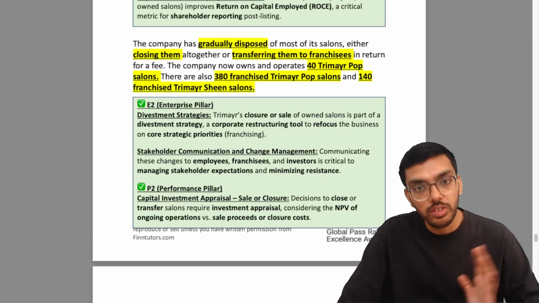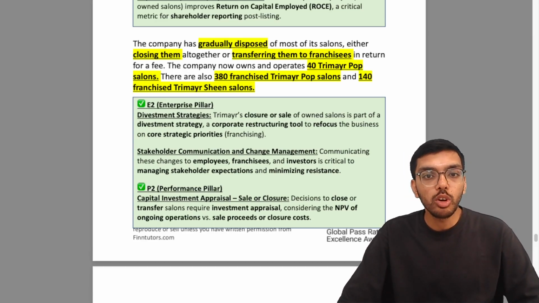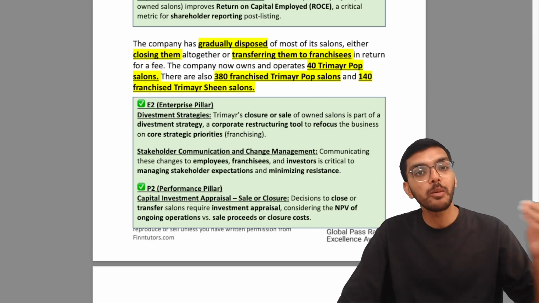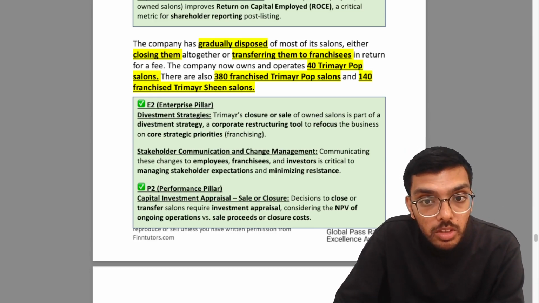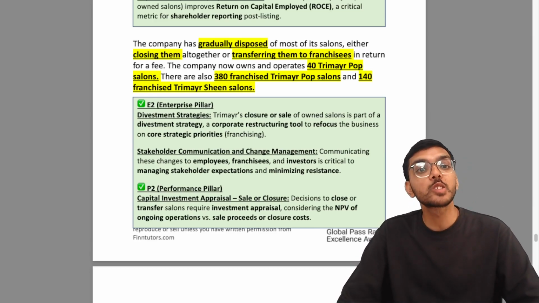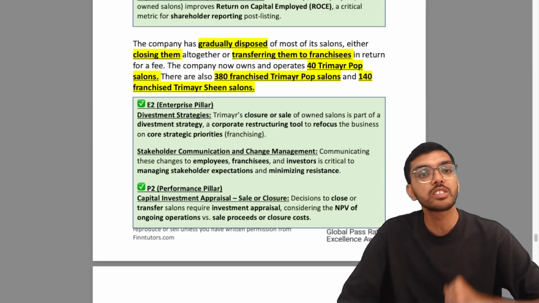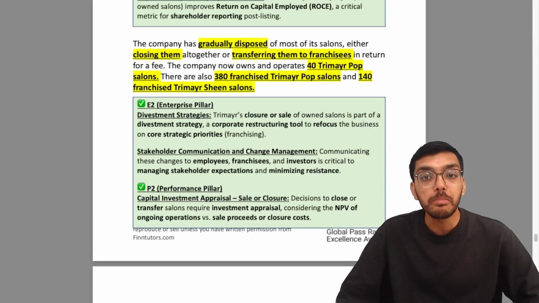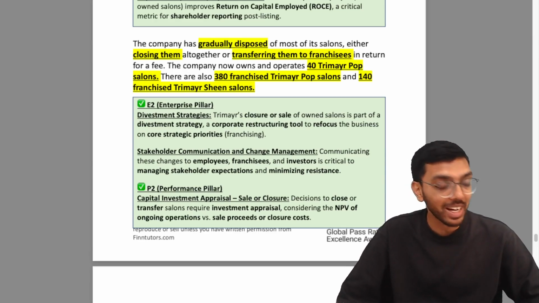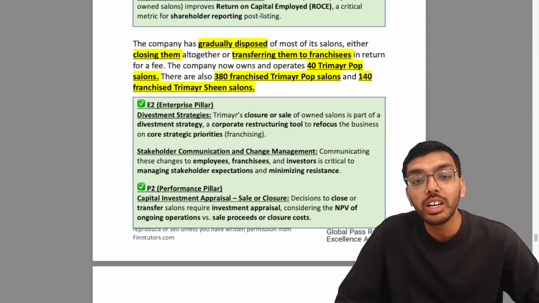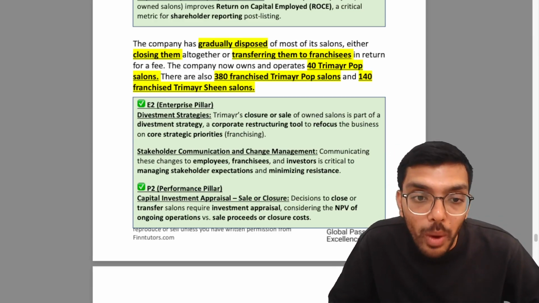We already know this. So Trimayr's closure or sale of owned salons is part of divestment, because we divested away from that ownership. So communicating this with our internal and external stakeholders will be important, because managing stakeholder expectations, E2 syllabus, is a very important aspect that we need to be aware of.